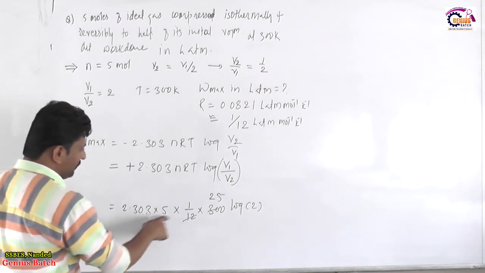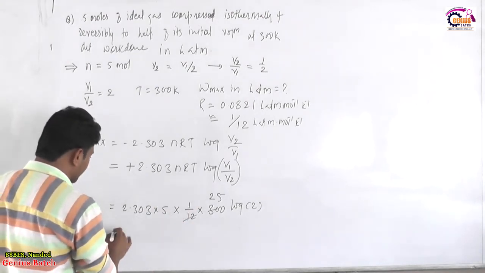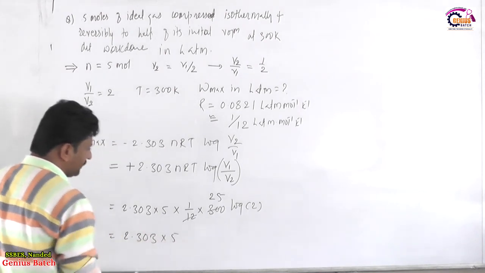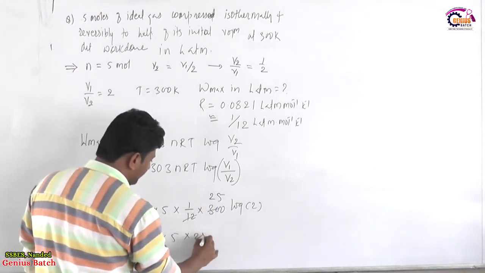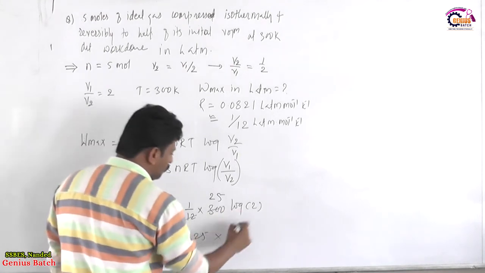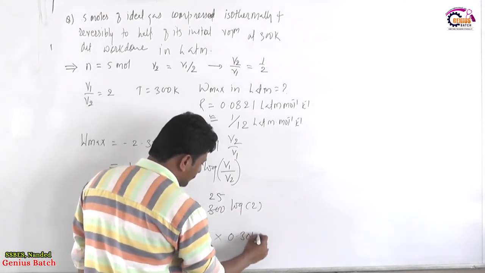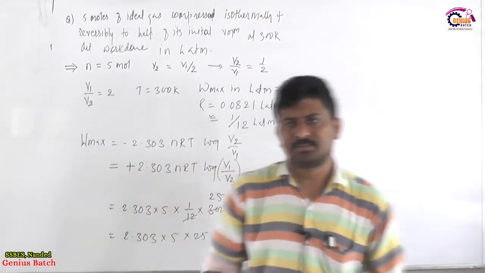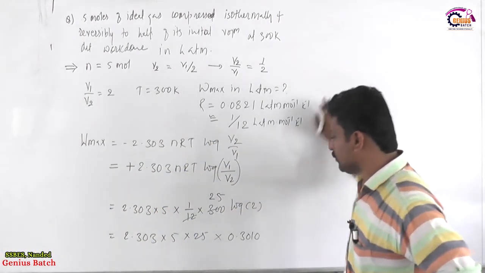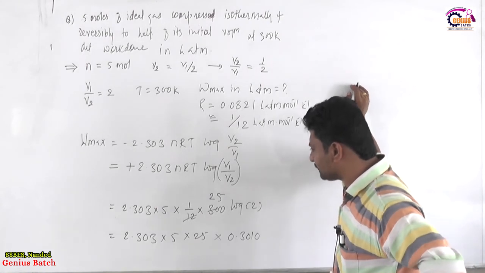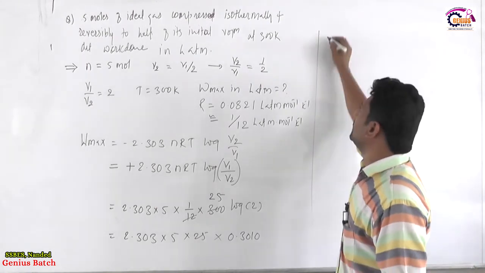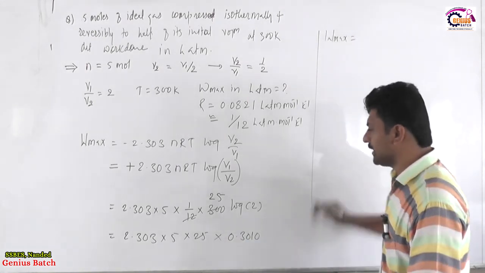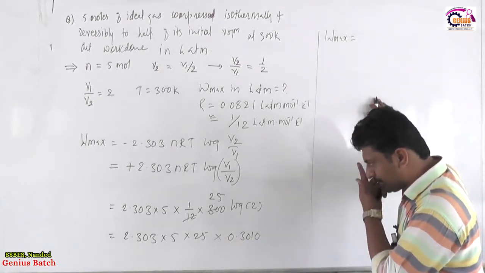And this calculation 5 into 25, okay, we will see it later. 2.303 into 5 into 25 into log 2 is 0.3010. Memorize it. Log of 2 is a repeated value. So 0.3010. Now further solve it. We would solve as long as it is possible. W max is equal to 5 into 25, 125 and 0.3.